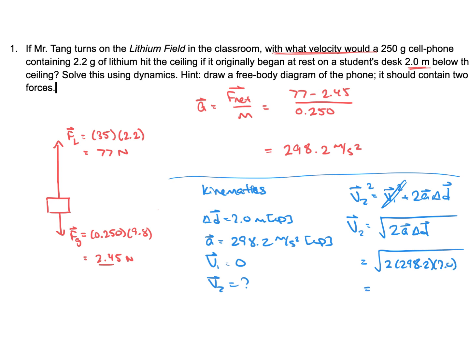And we shall put that in the calculator, giving me 35 meters per second when rounded to 2 significant digits. And do not worry, as the definition of the lithium field says, the ceiling is padded, so your cell phone is not going to break even though it hits it at 35 meters per second.